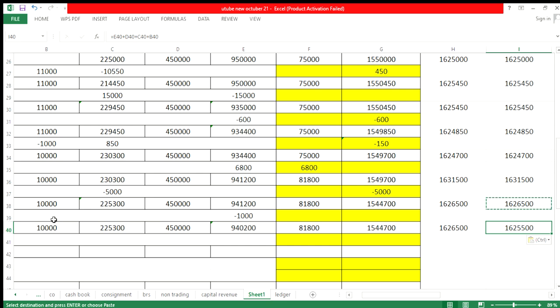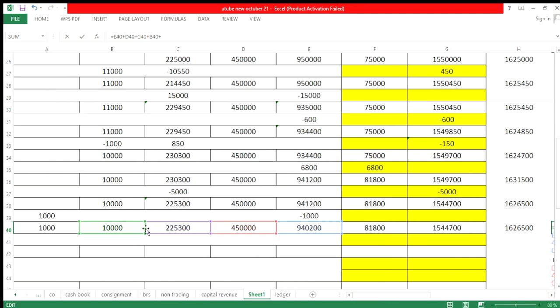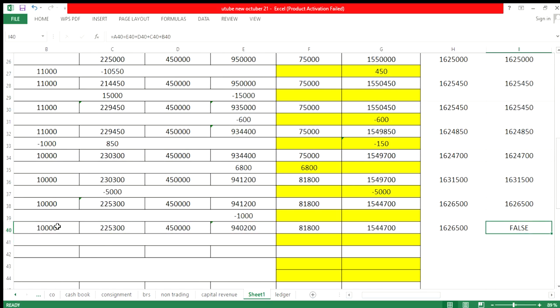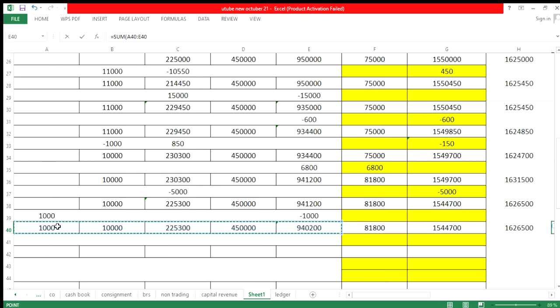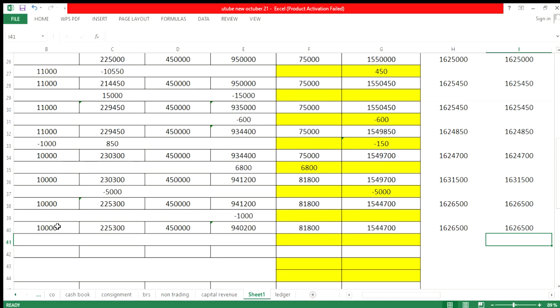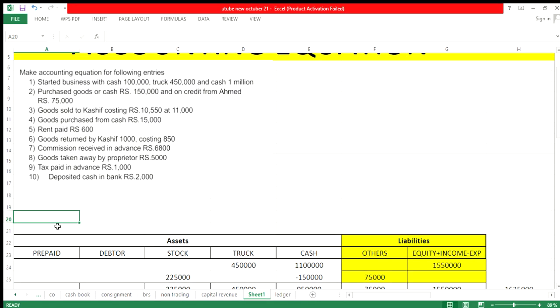Okay, so here, since we have introduced another column, and that column is for prepaid, let's increase it. Again, I'm going to take some. So 1626500, 9 entries are completed.